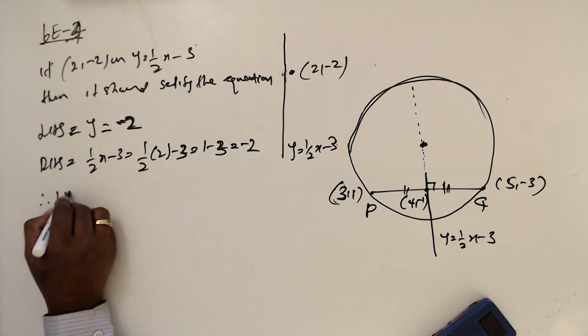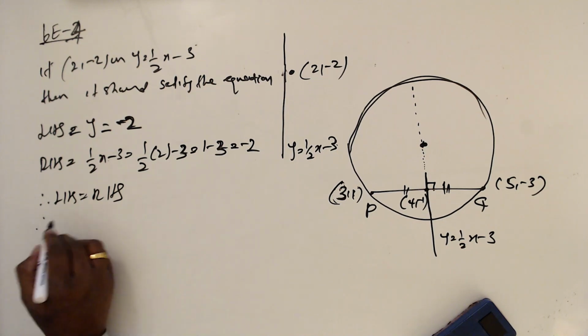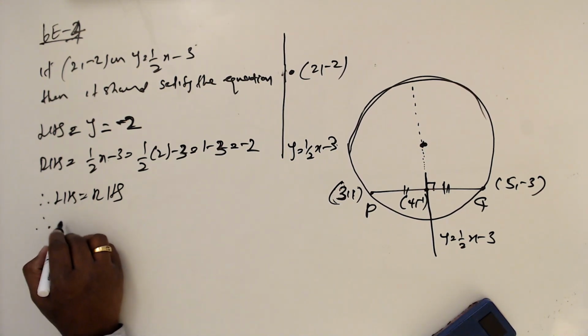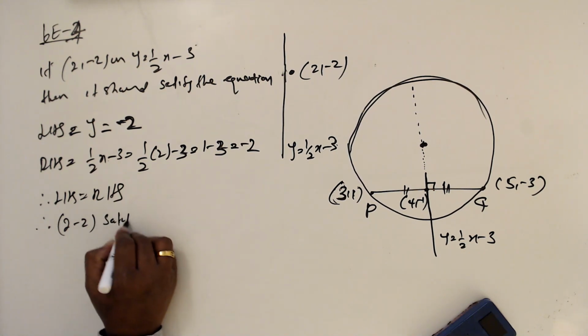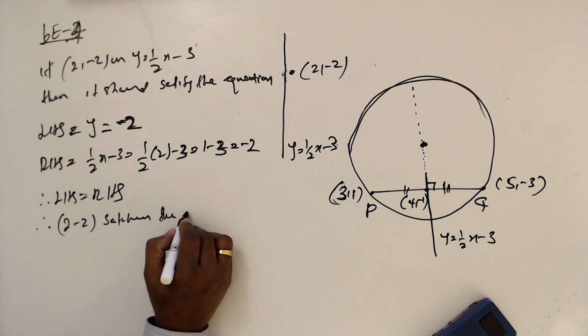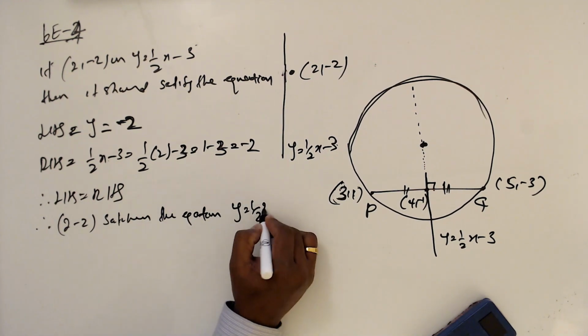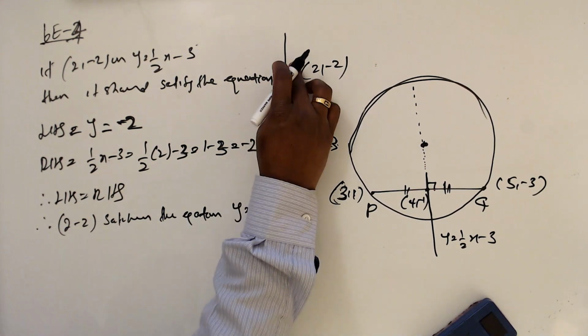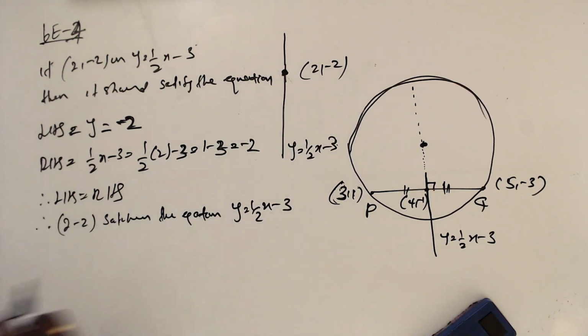Hence LHS equals RHS. Hence (2, -2) satisfies the equation y = half x - 3. It means this point is not outside the line.